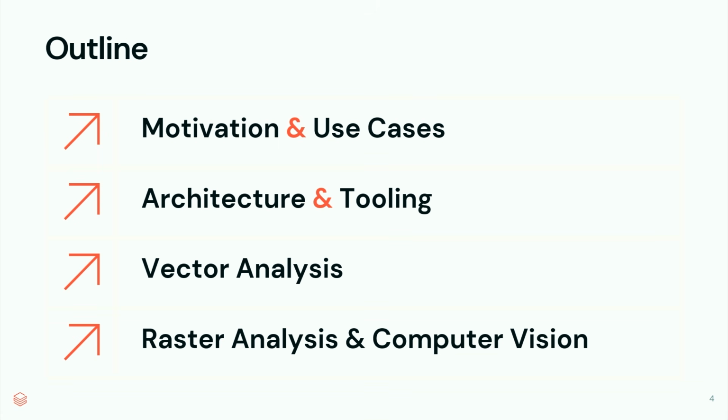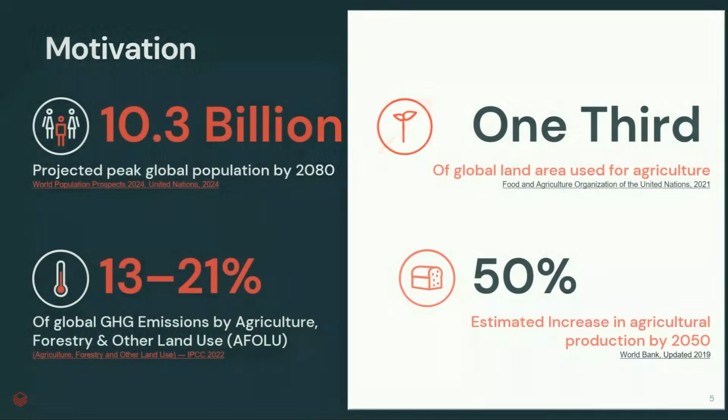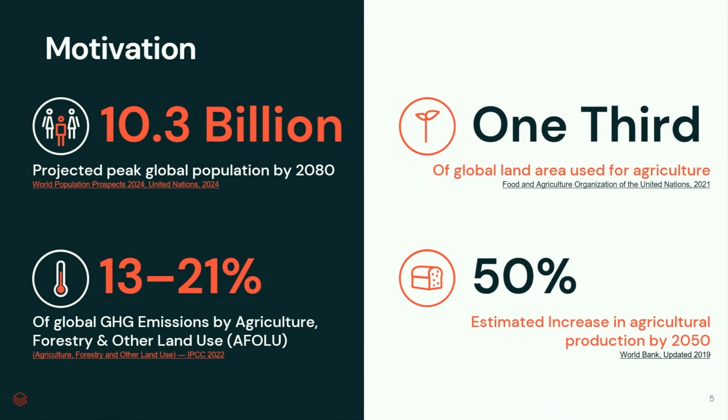So why is this important? It's no surprise, I guess, that some of the biggest challenges we're facing today as a society are the twin problems of an increasing population and climate change and environmental protection.